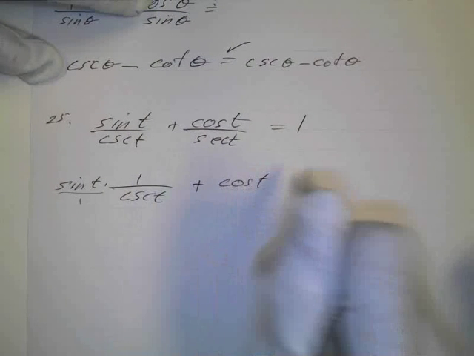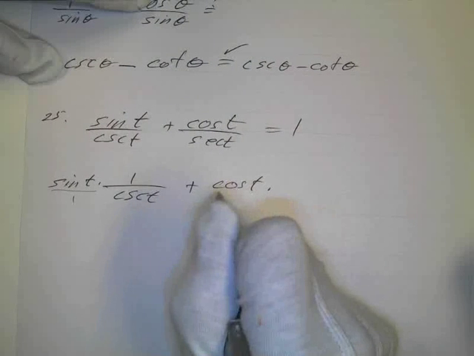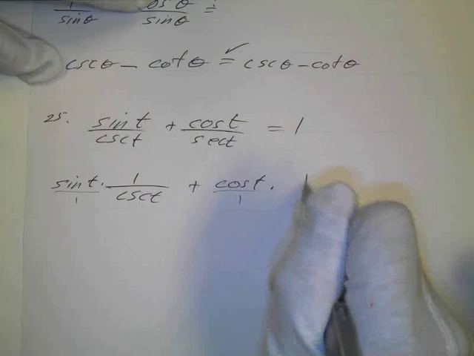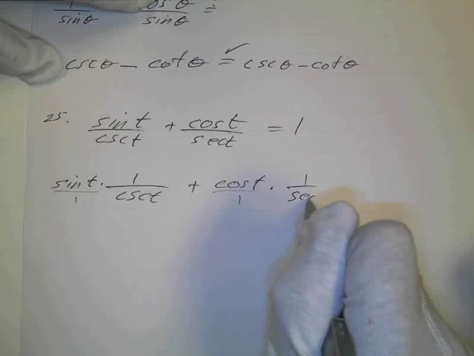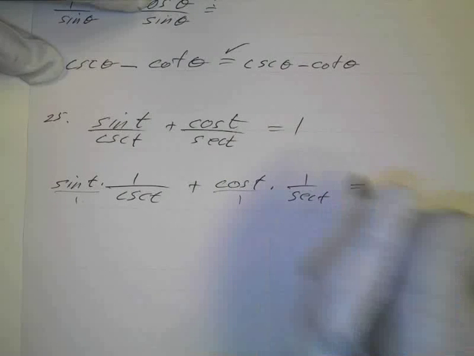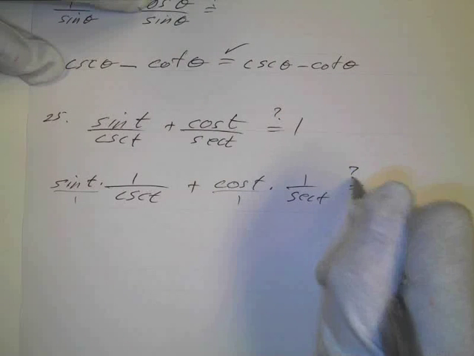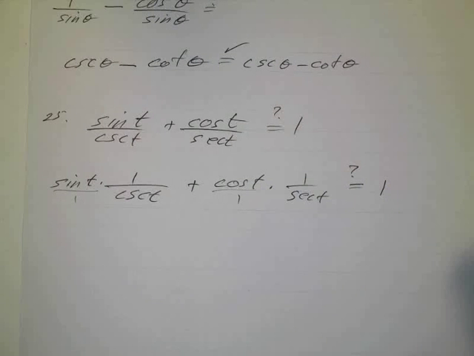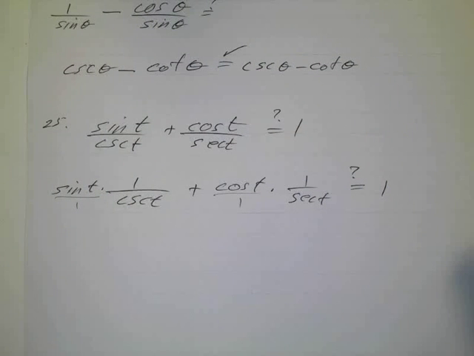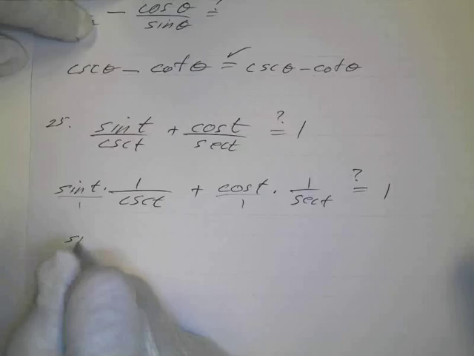I'll do the same thing over here: the cosine of t, that's over 1, times 1 over the secant of t. And does that equal 1? Now what's 1 over the cosecant? Isn't that the sine? Yeah.